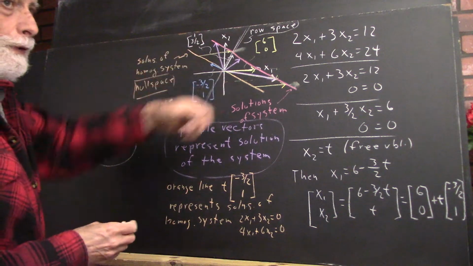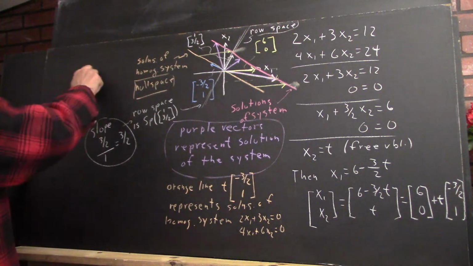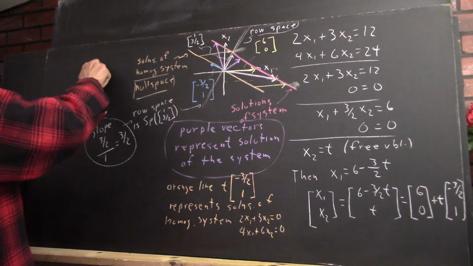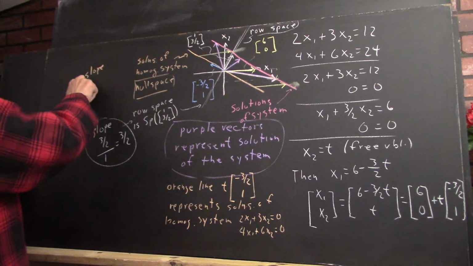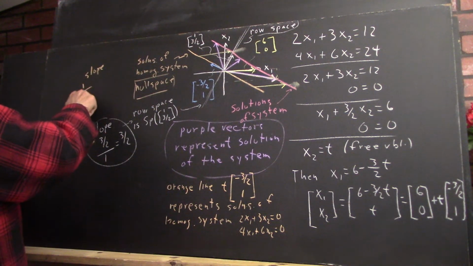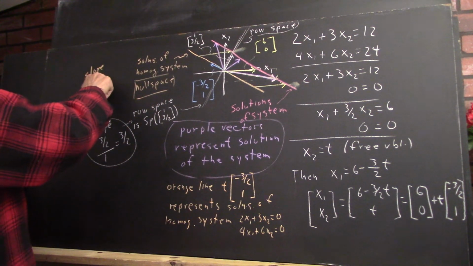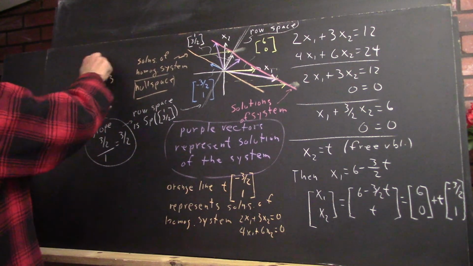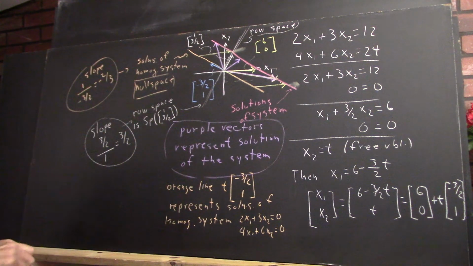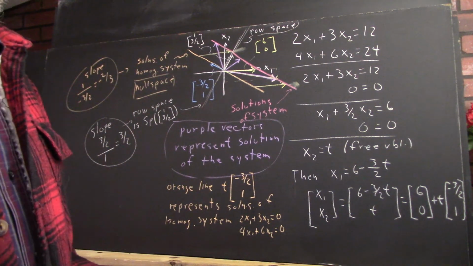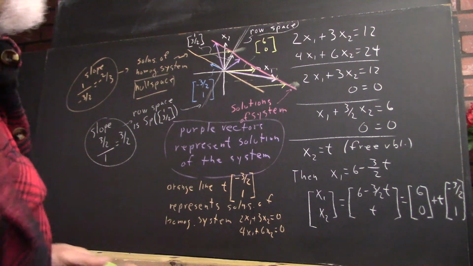The slope of your null space is rise divided by run. The rise is 1 divided by negative 3 halves, and that's negative 2/3. And what we have here is negative reciprocal slopes.